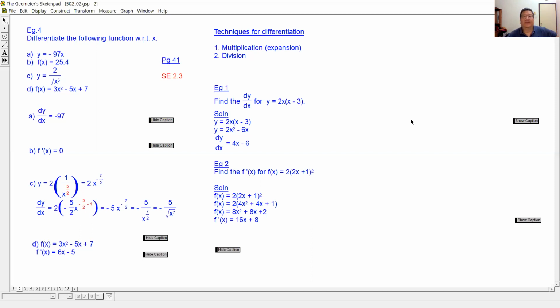Okay, right, the next one. Second example, f(x) is equal to 2 bracket 2x plus 1 holding square. Now again, you encounter this bracket there. This bracket shows that they have more than one factor.